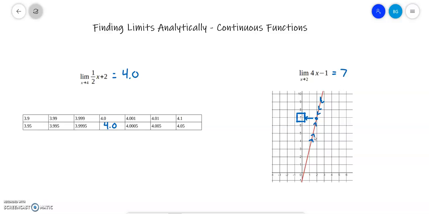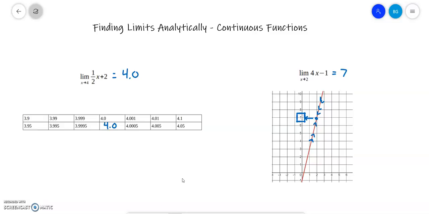But again, if we're just looking at a picture, how do I know that's not 6.999999? There's really no way to tell, especially how zoomed out we are. With Desmos, it helps a little bit because you can zoom in to almost an arbitrary level of precision. But in this case, it's kind of hard to tell. So it would be very nice if we could come up with a method to do this analytically.